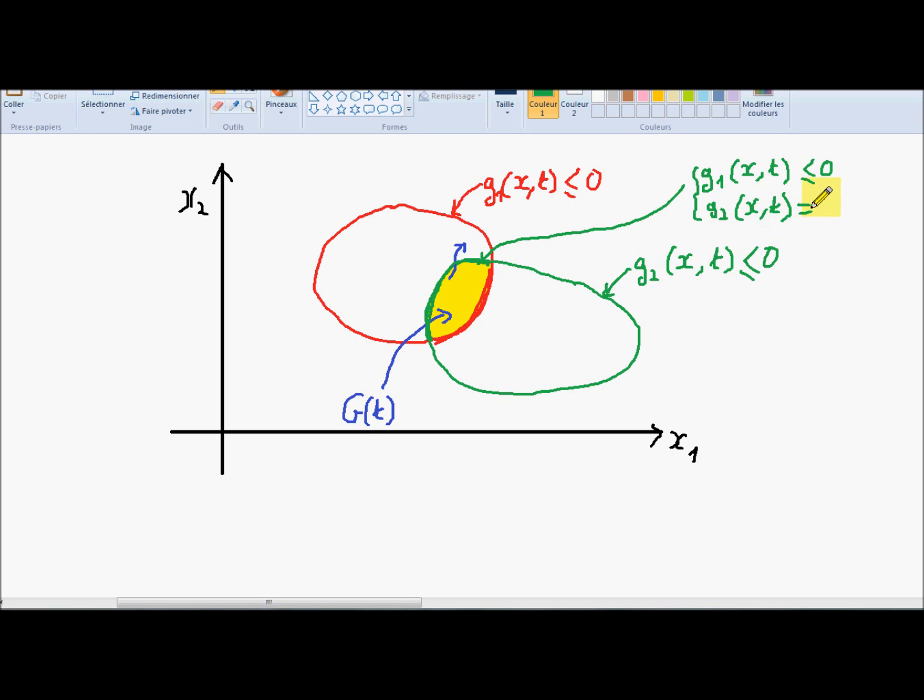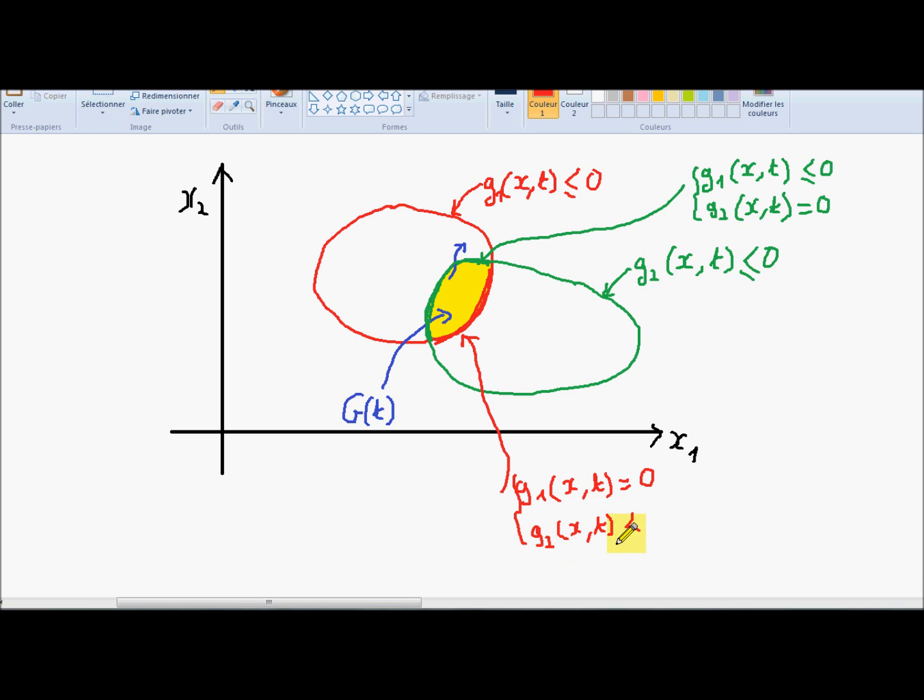And this part here corresponds to J1 of x and t equals 0, and J2 of x and t negative.